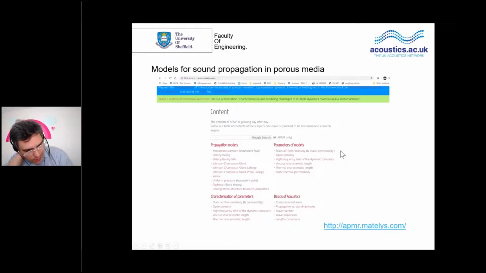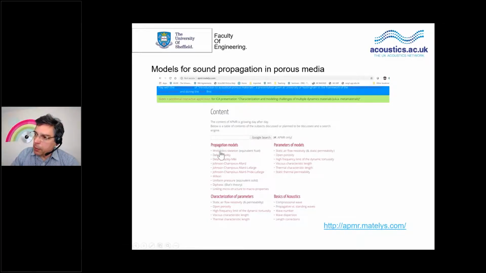There are very many models which can link these parameters to acoustic impedance and the wave number. What I suggest you do in your leisure time is go to the website, which is set up by a company called Matelys in France. And this website is a Klondike of different bits of information about different models.